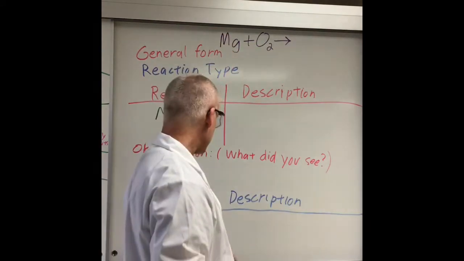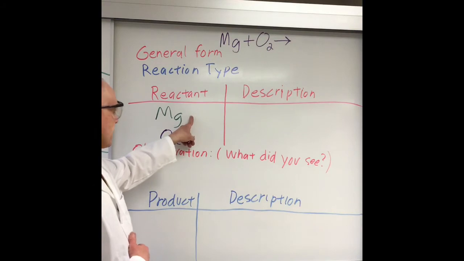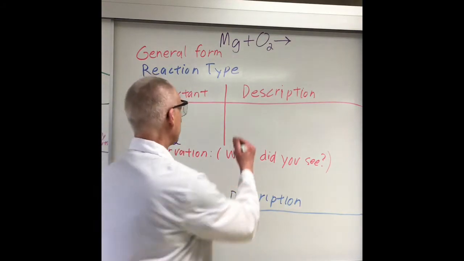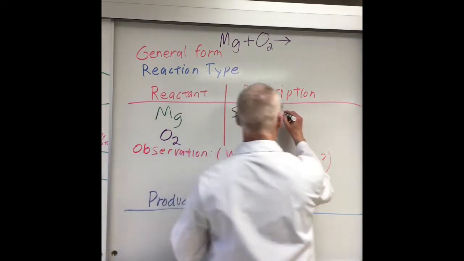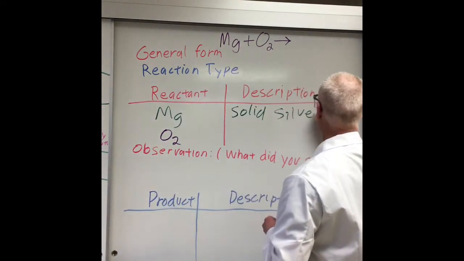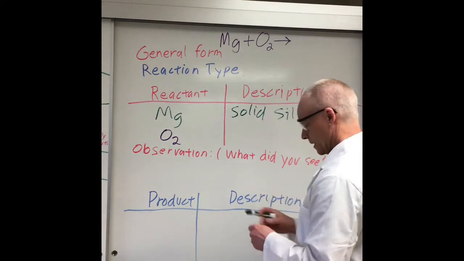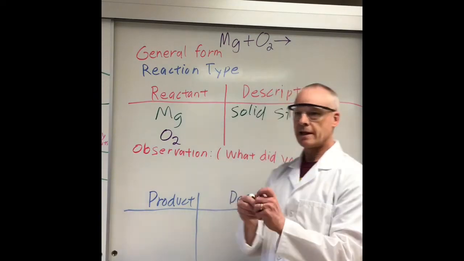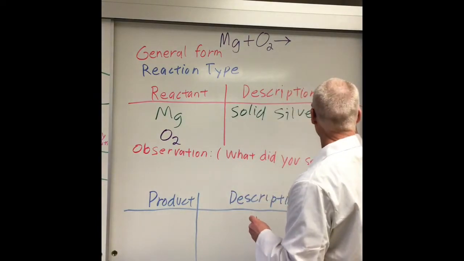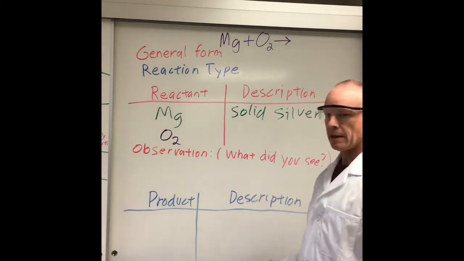And so in our description of magnesium as our first reactant, we can write the description as solid silver. And it's bendable, flexible, so it looks like it's a metal. So we can also write metal there.